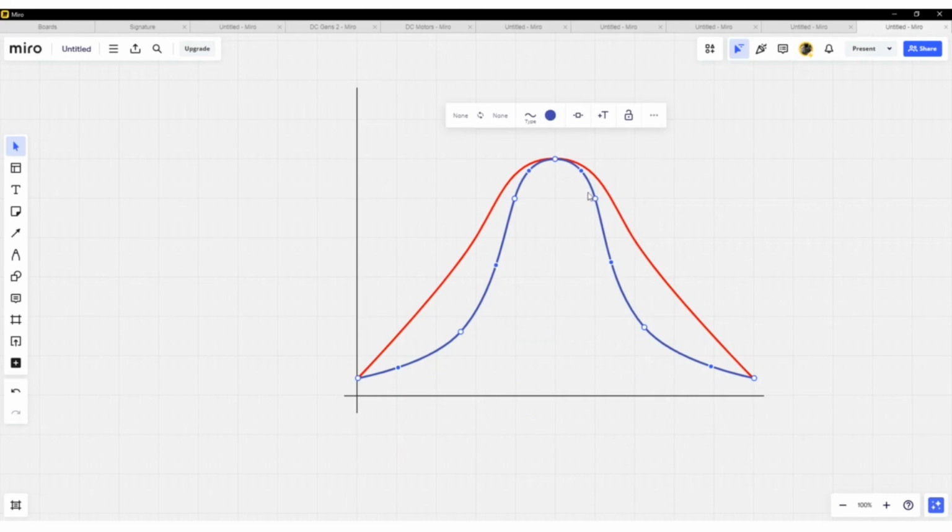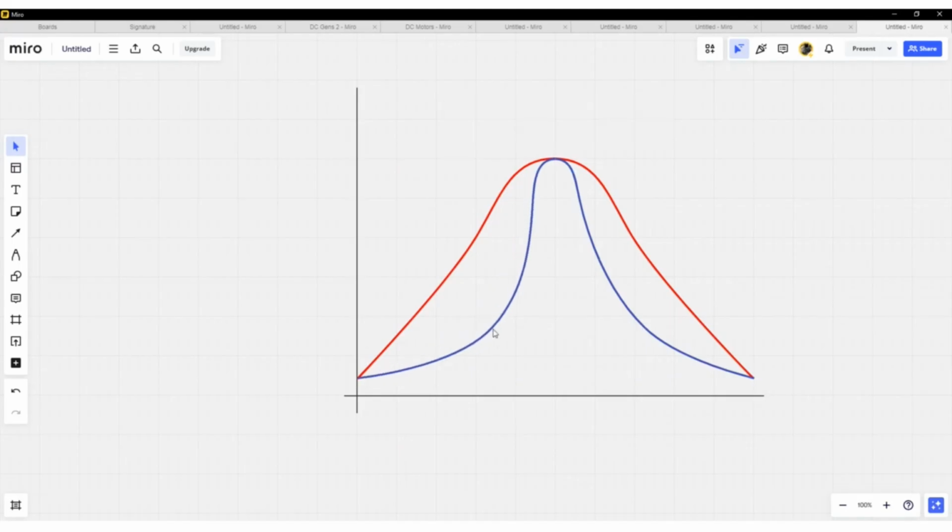Okay, I think let's make this a wee bit narrower.